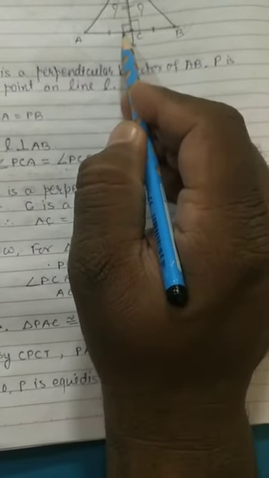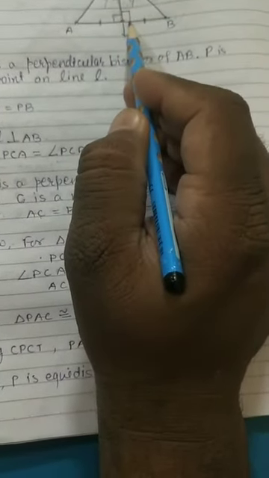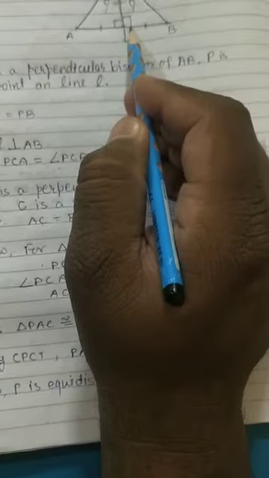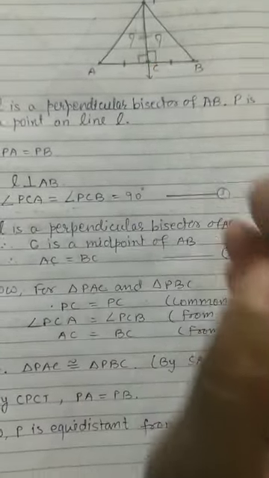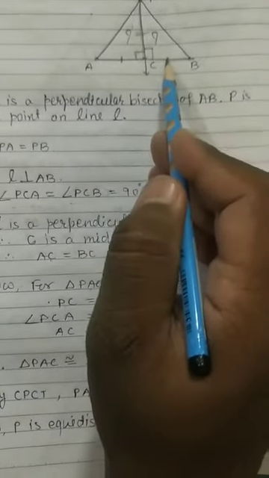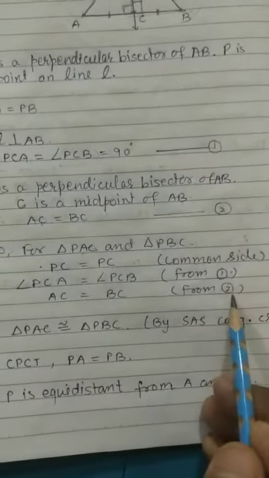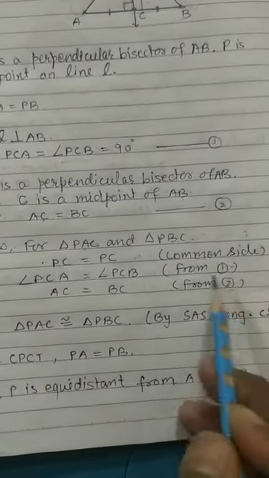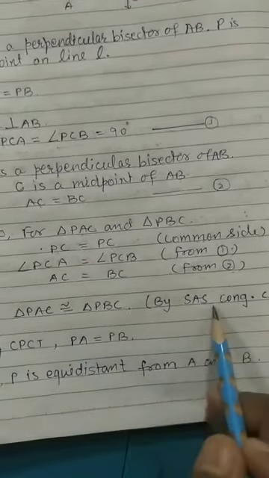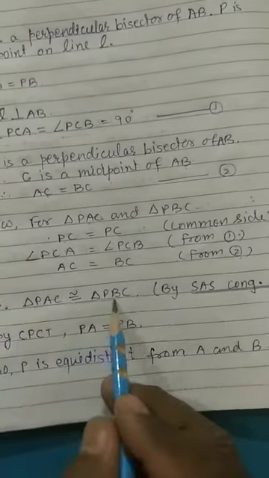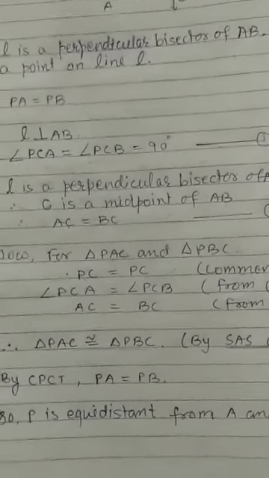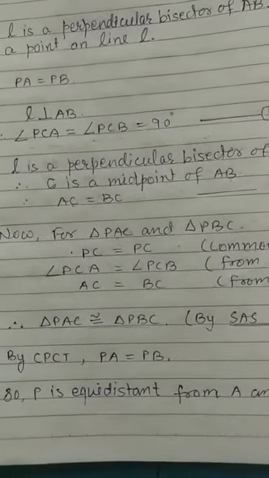Angle PCA and angle PCB are both equal because they are of 90 degrees, right? And AC is equal to BC from result number 2. And so we can say by SAS congruence criteria, triangle PAC is congruent to triangle PBC, right?